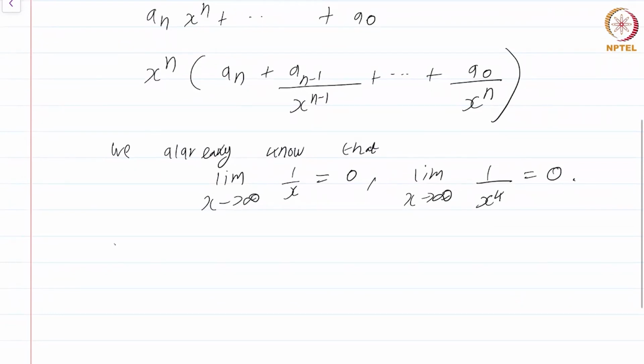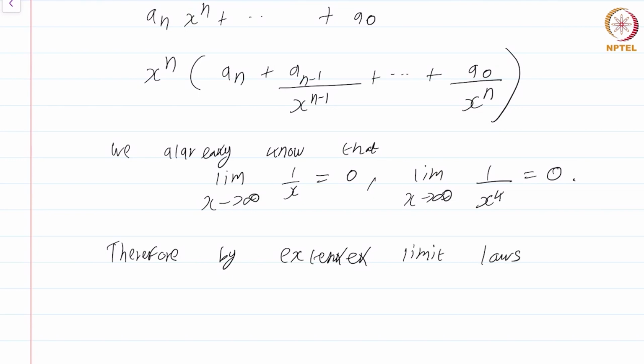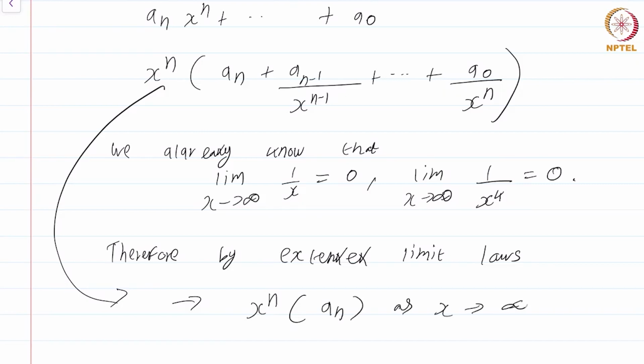Therefore, by extended limit laws, which is part of the exercises, this just converges to x^n times a_n as x goes to infinity, which goes to infinity.